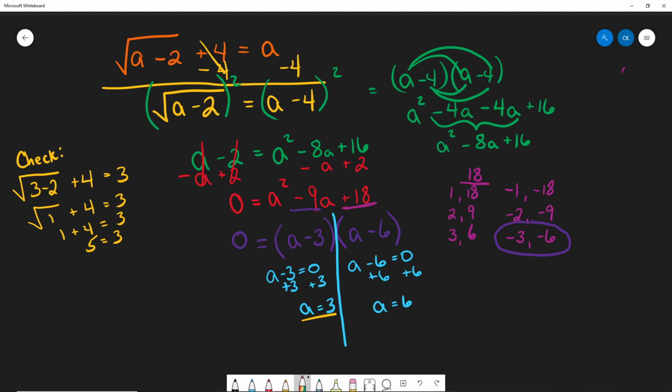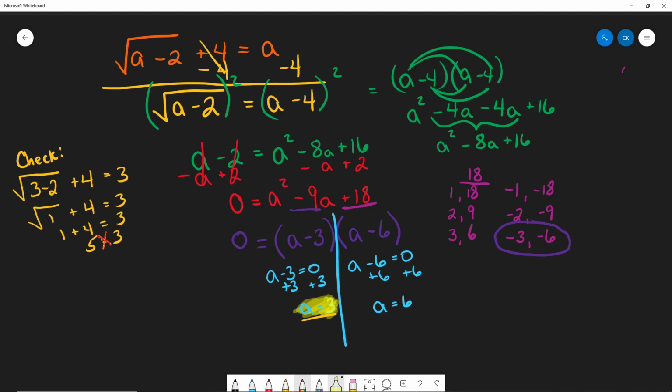Well, it's pretty obvious that 5 does not equal 3. So this is an extraneous solution. Alright, this does not count. I don't know why that 3 is not highlighting like the a, but that's fine.